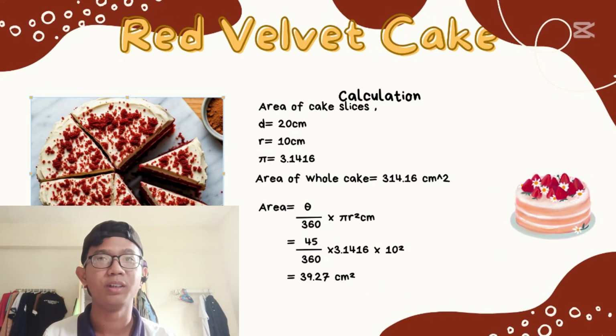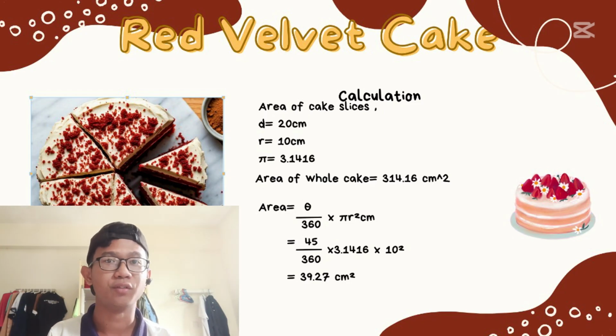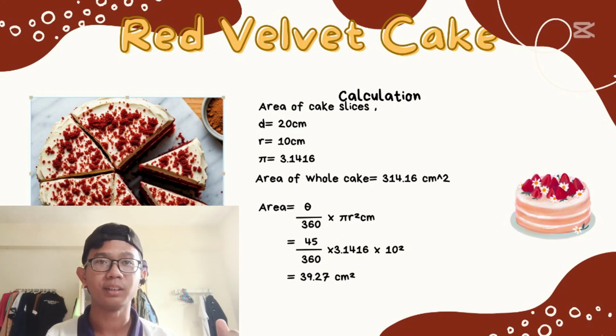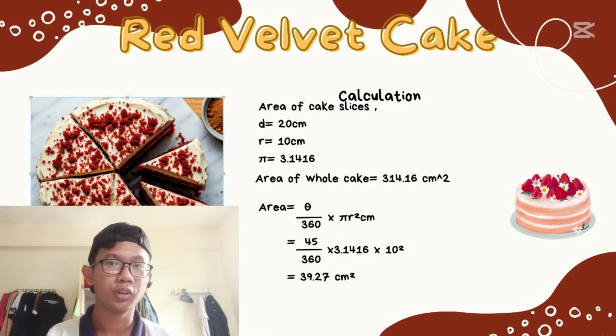Finally, we will calculate the area of a cake slice. We use the formula area of slice equals theta over 360 multiplied by pi multiplied by r squared. We substitute the values into the formula. The theta we calculated earlier is 45 degrees, pi is 3.1416, and the radius is 10 cm.